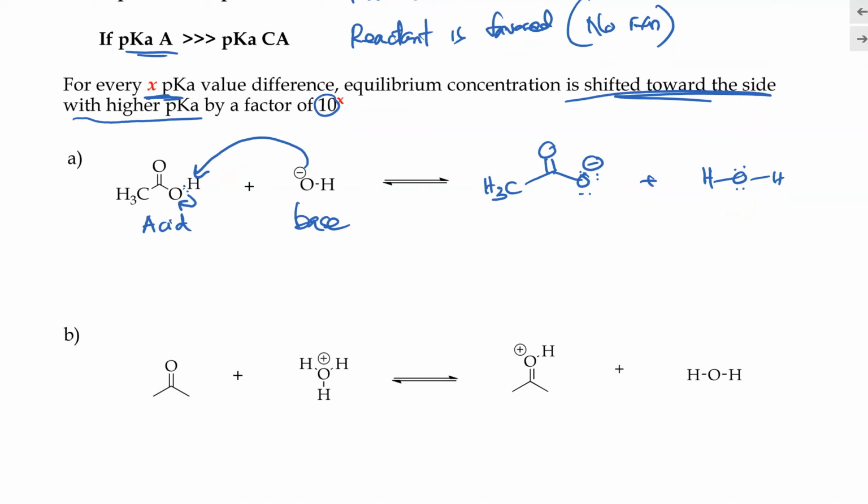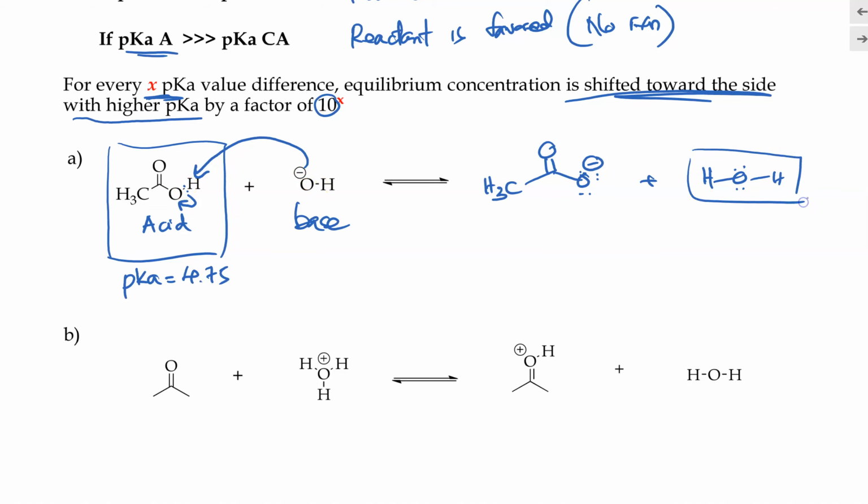So we see that this is the acid, and we need to determine the pKa. In this case, the pKa of acetic acid is 4.75. And now, after the base has picked up this proton, it becomes water, and this is our conjugate acid. The pKa of this is equal to 15.7.